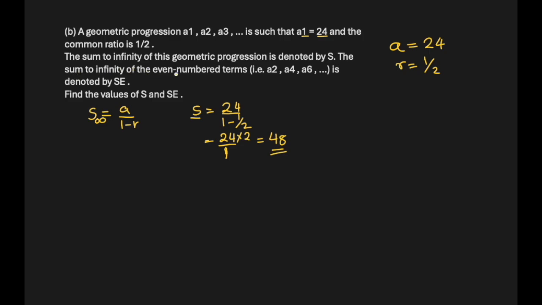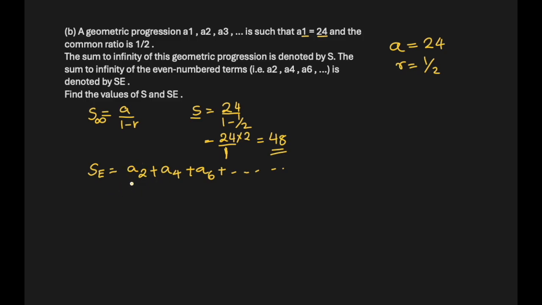The sum to infinity of the even numbered terms A2, A4, A6, that means the odd ones are out, and their sum is SE. So let's say SE will be equal to A2 plus A4 plus A6 till infinity, but only even ones.